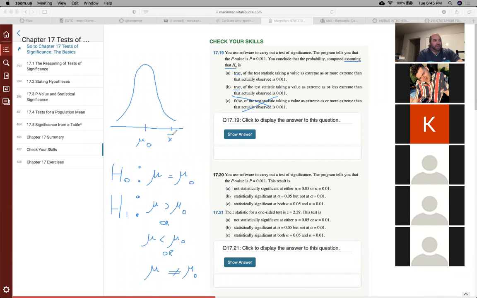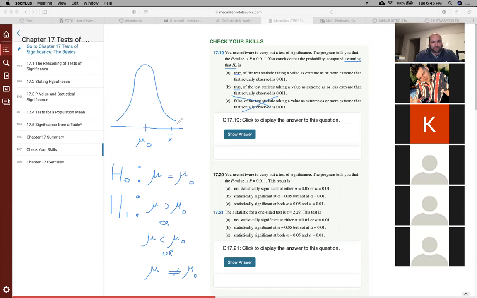Your sample mean is the value that you get from your sample. Chances are that your sample mean is not going to be equal to the actual mean, or what you think the actual mean is, but it will be some other value.